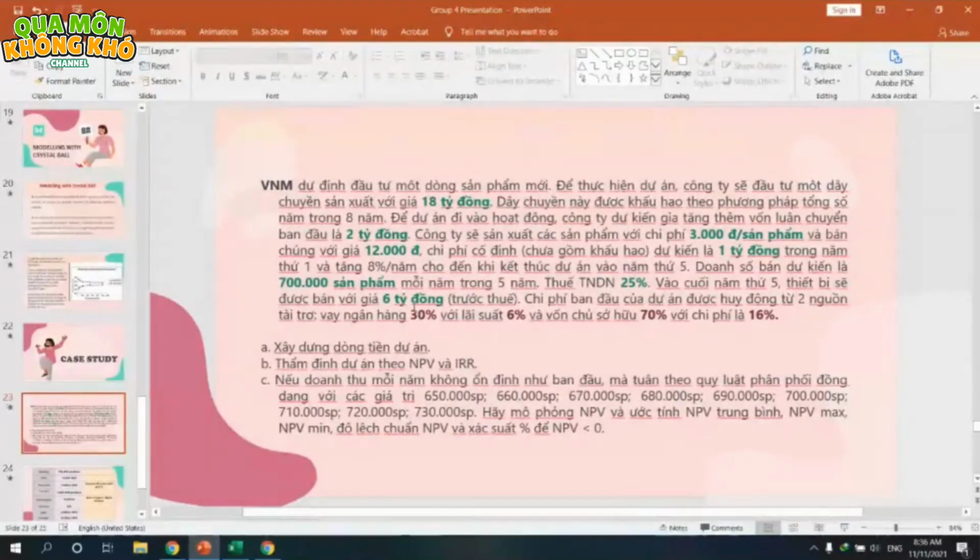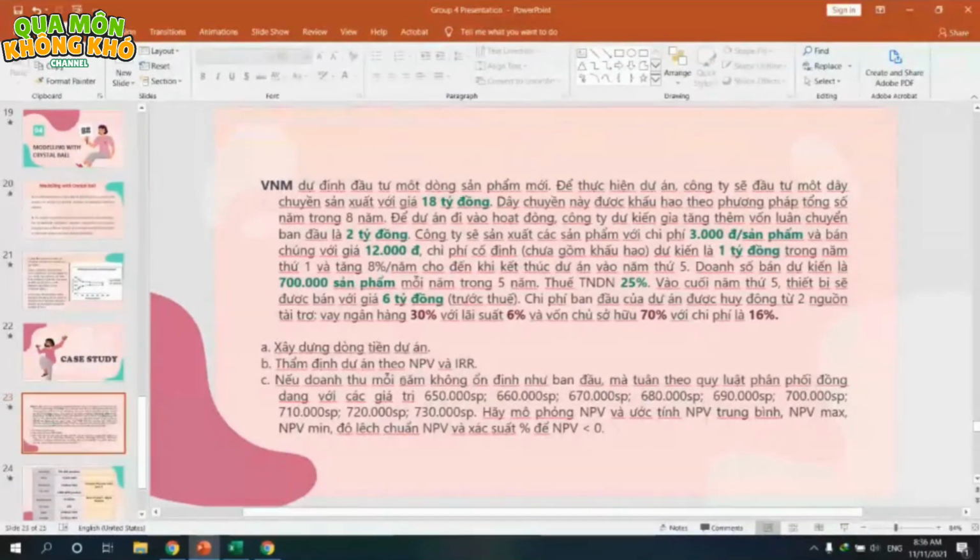And we are also given that the project will borrow from the bank 30% with an interest rate of 6%, and the remaining 70% is from equity with a cost of 16%.